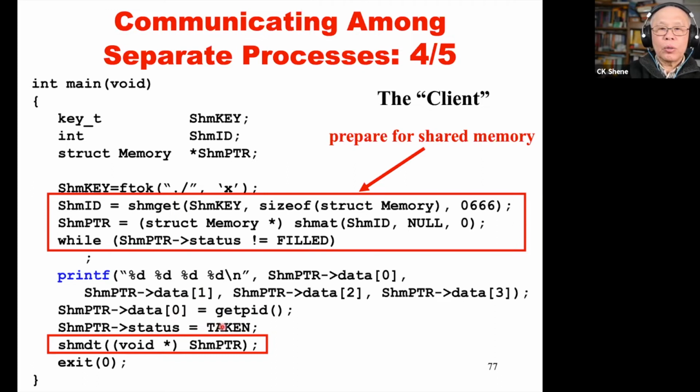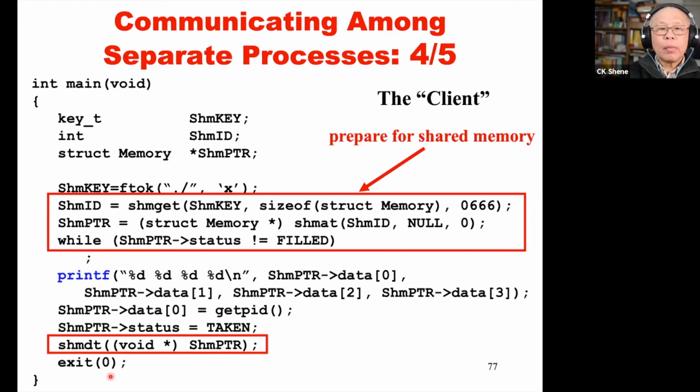But of course, for the client, after this taken, the client does not need the shared memory at all. So it simply detaches and exits. So the client is very simple. The client also tries to get the shared memory, but it gets the shared memory to use.